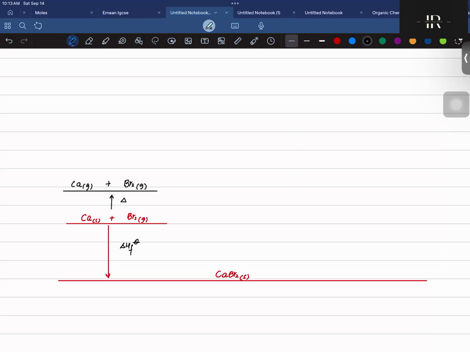This is atomization. Okay. And then first ionization energy of calcium.